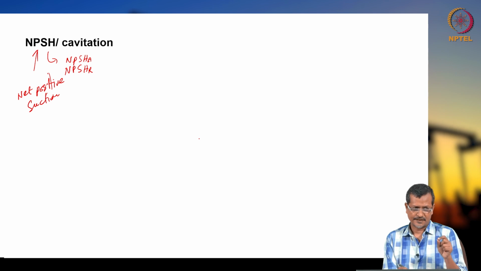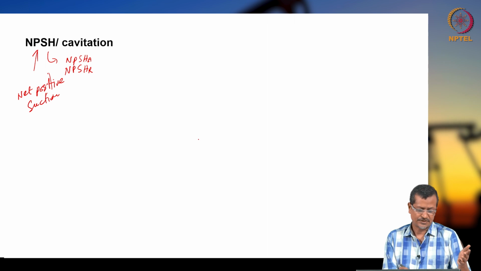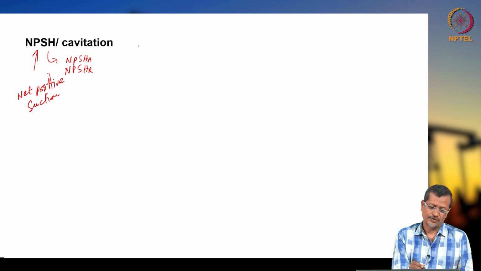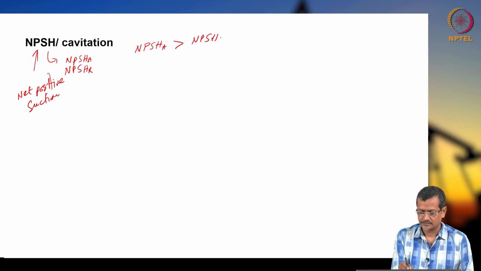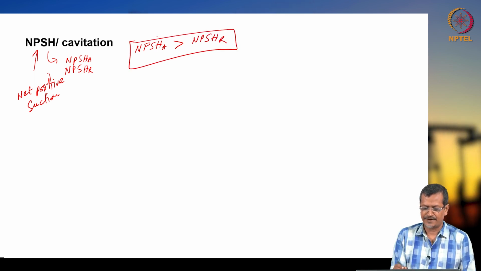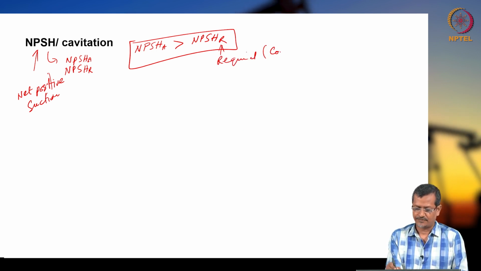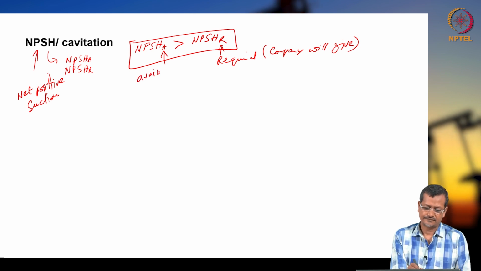If the company says NPSH R is 5 meter, then NPSH A must be more than 5 meter. R means required, which the company gives. A means available, which you must maintain.